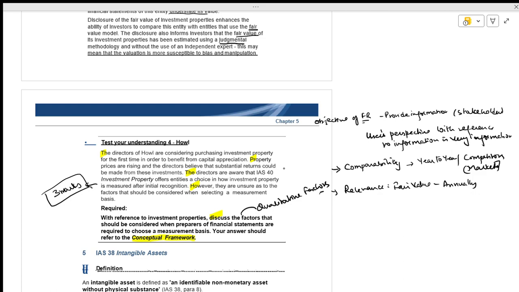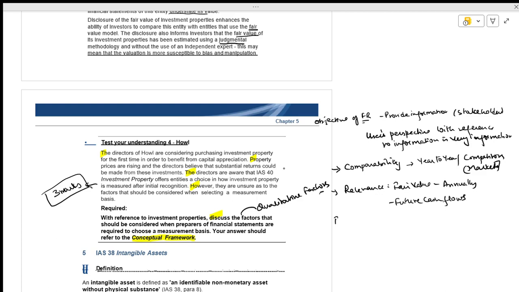It has to be done annually. That's the most important. What is the relevance? There should be more relevant information about the future cash flows. All this we can write in our own sentences.